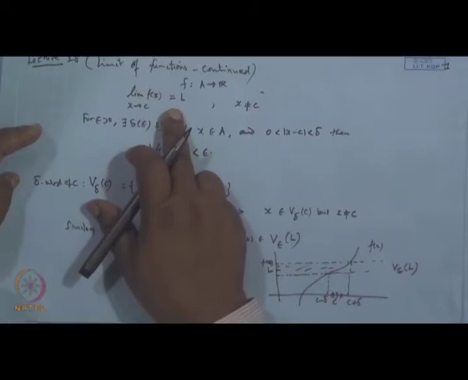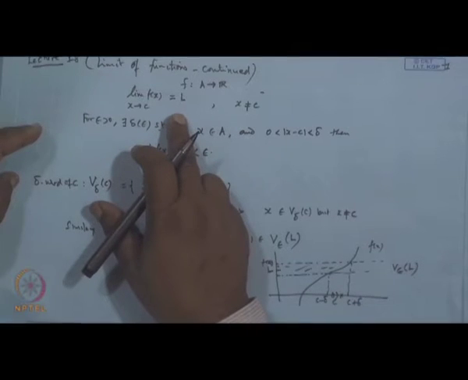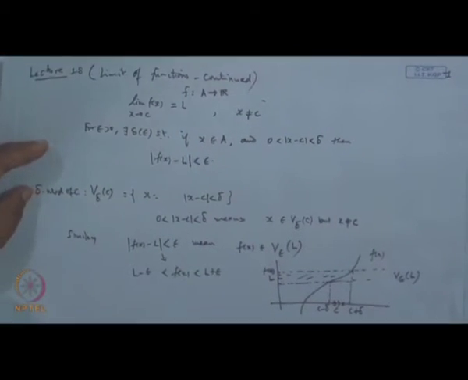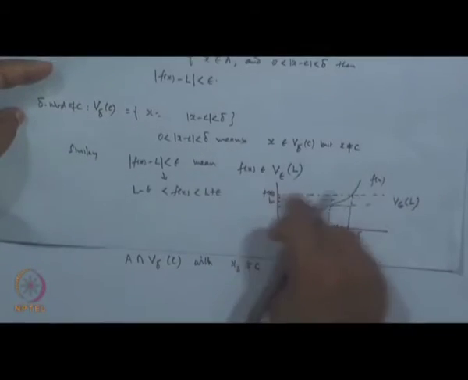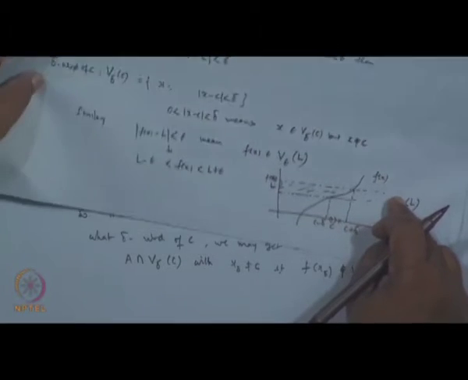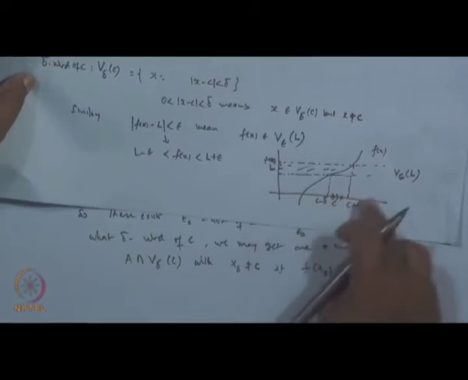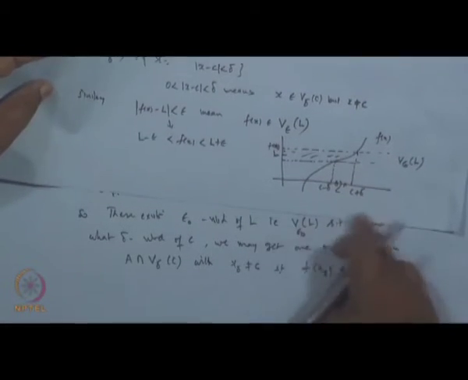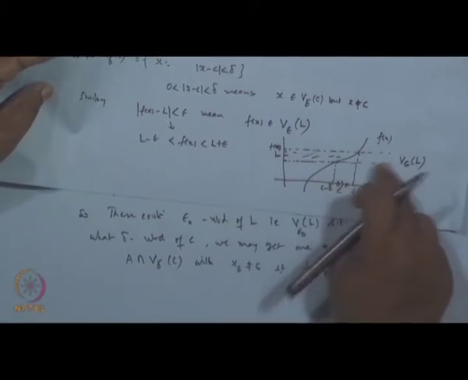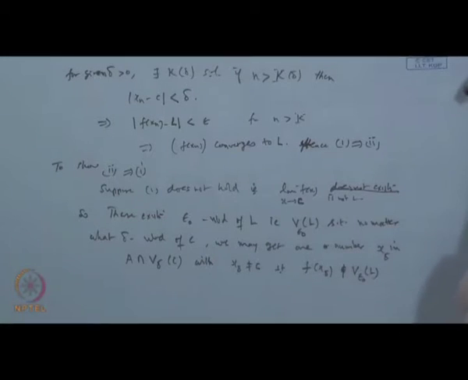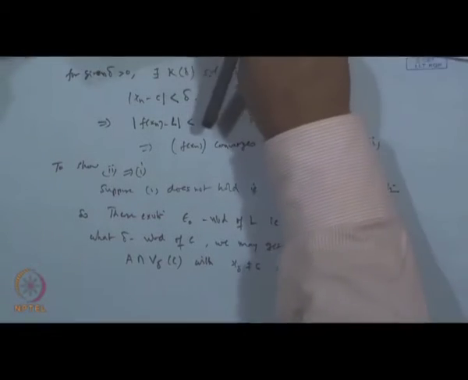Suppose the limit is not equal to L, does not exist or is not L. It means that if we pick some epsilon, there will definitely exist some epsilon naught neighborhood of L such that whatever delta neighborhood we choose, there will definitely be one point whose image will not fall inside it. That is the exact meaning of this. Okay, so we get this.